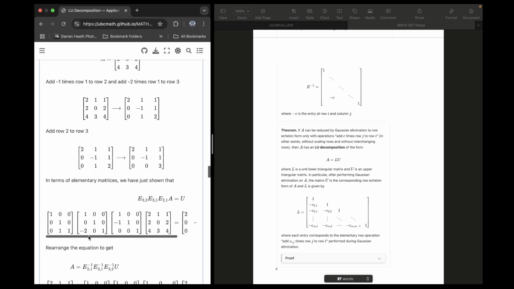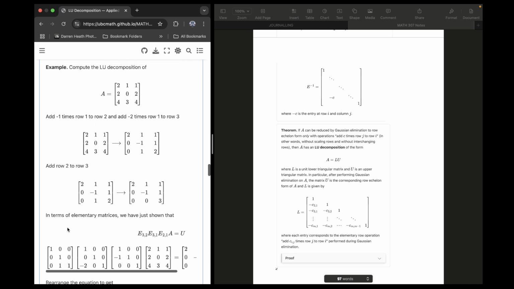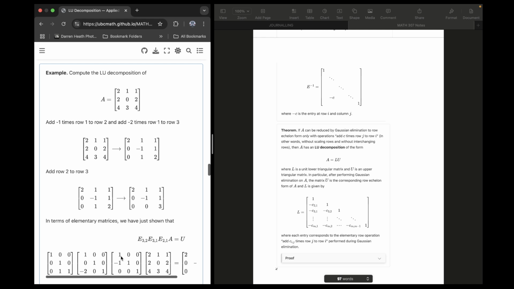So we have just shown, okay, so this is A. If we look at the leftmost matrix, 1, 0, 0, negative 1, 1, 0, 0, 0, 1. We want to add negative 1 times row 1 to row 2.